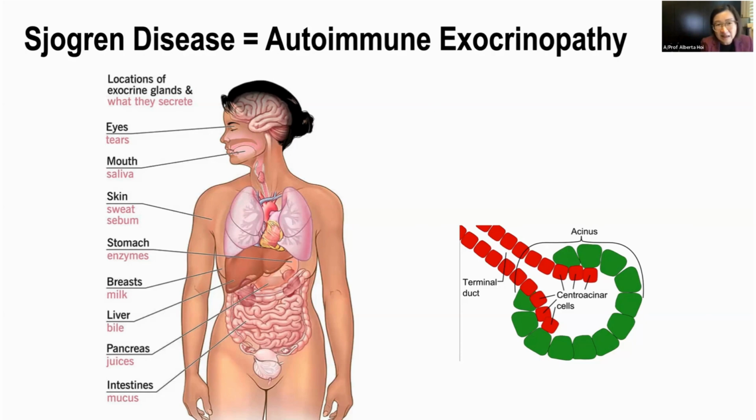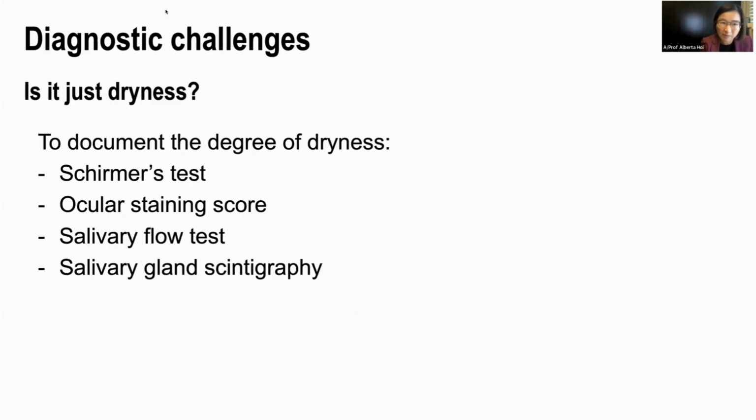Sjogren's disease is by definition an autoimmune exocrinopathy. These exocrine glands can be found throughout, for example, in your stomach lining, in your airway, in the liver, and pancreas. So we do sometimes see this type of internal organ involvement in some of our Sjogren's patients.